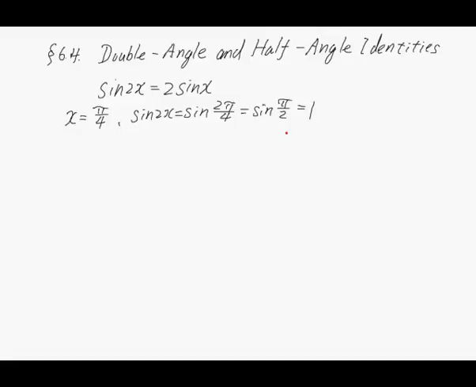Now let's look at the right side: 2 times sine of pi over 4, and we know sine of pi over 4 is root 2 over 2, right? So this is 2 times root 2 over 2, which is equal to root 2. So definitely root 2 is not equal to 1. That means this equation is not an identity.